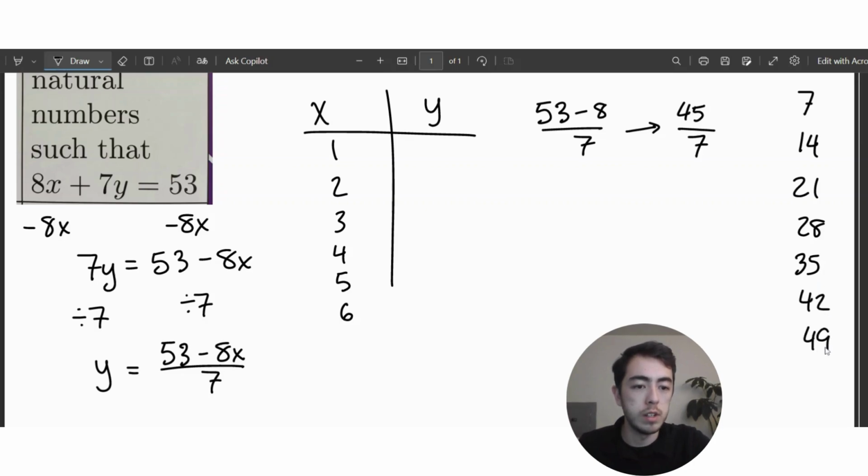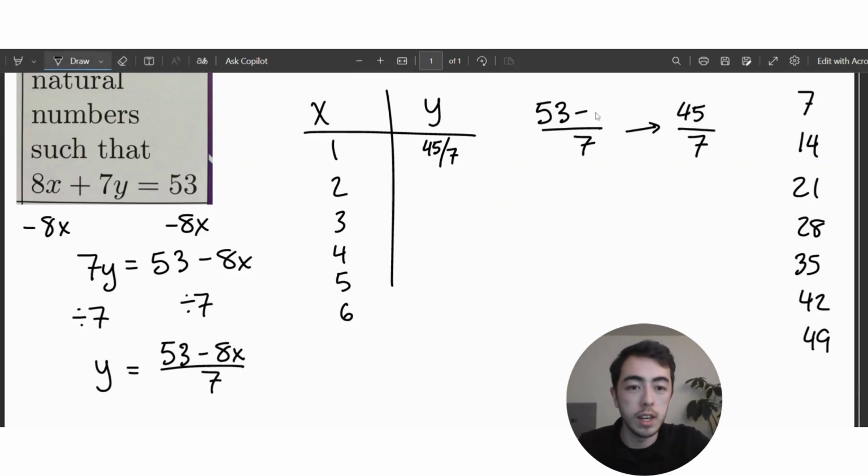And what I notice here is that when I jump from 42 to 49, I skipped over 45. And that tells me that if I try doing this division here, 45 divided by 7, I'm not going to get a whole number. I'm going to get something between 6 and 7. So I don't really know exactly where that lands, but I know that it's not a whole number, so it's not a natural number.